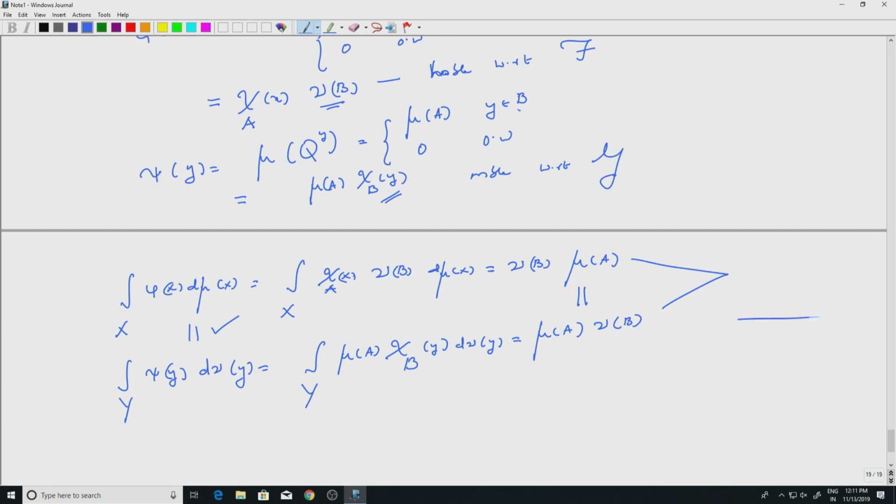You have x here, you have y here, and you have some set A here, you have some set B here, and you have the measure mu here, you have the measure nu here. So the product measure of A cross B should be the measure of this times the measure of this. That is what we have done. But this is only for measurable rectangles.